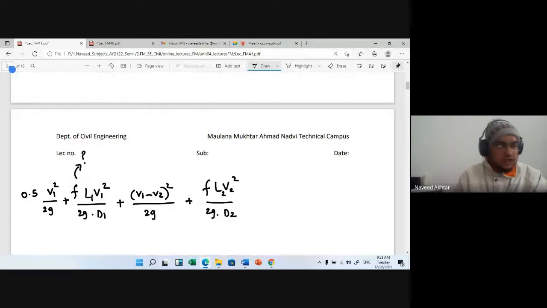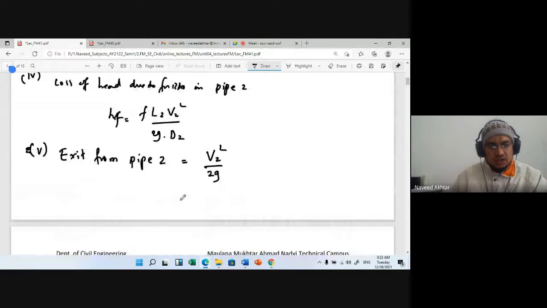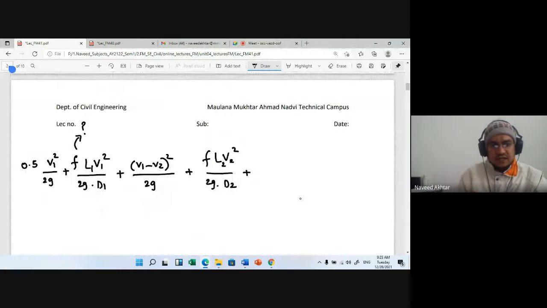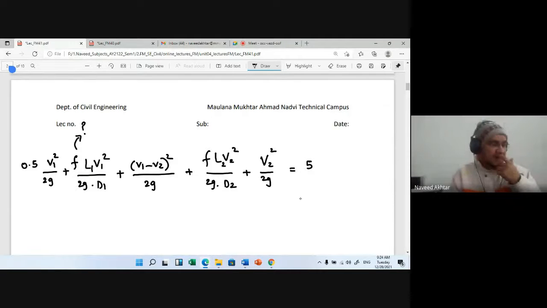And then the last loss is the loss due to exit from pipe 2, and that is nothing but V2 square upon 2g, and that is equal to 5 meters. That is the total difference in the reservoir levels 1 and 2.